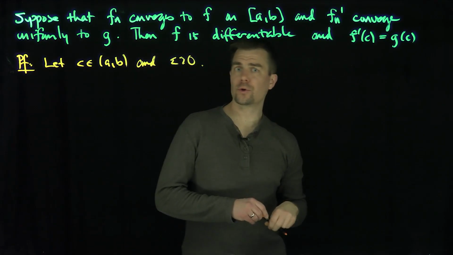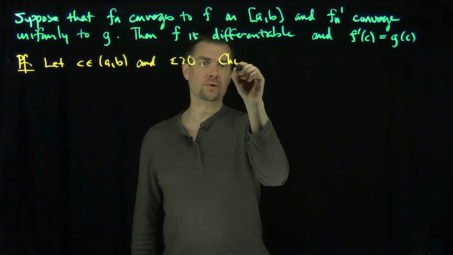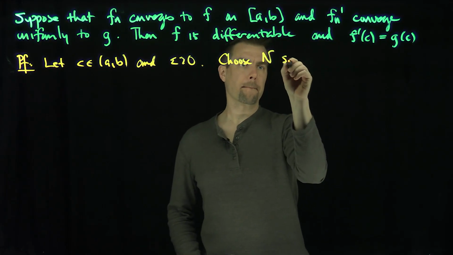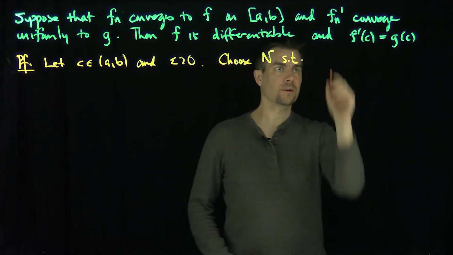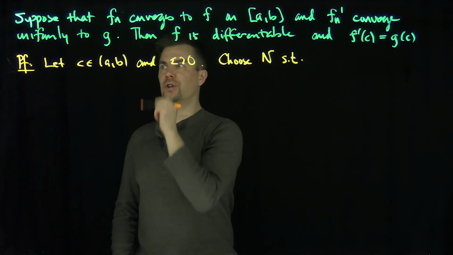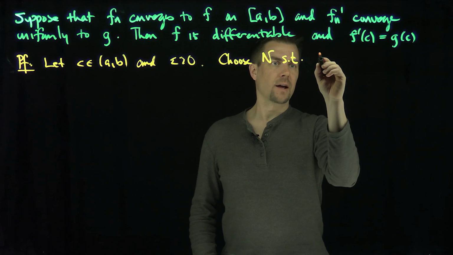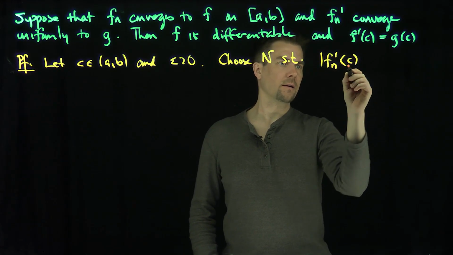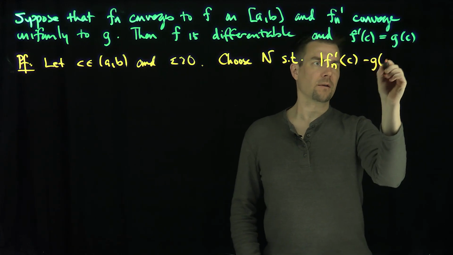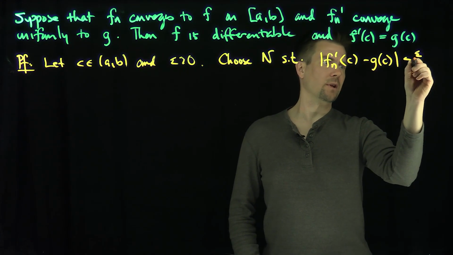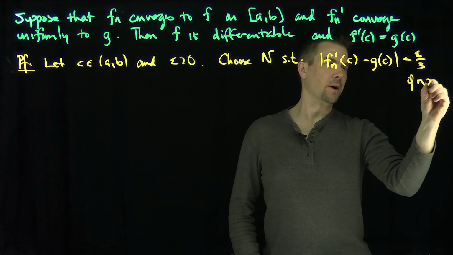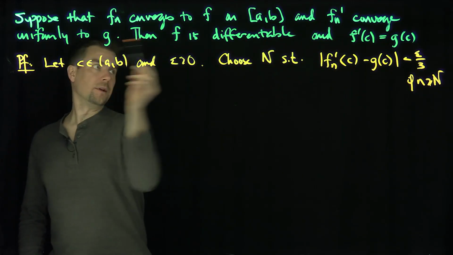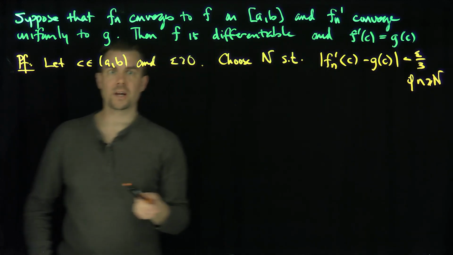I'm going to choose a natural number, so I can first choose n capital such that, since I know these Fn are converging uniformly to g, Fn prime of C minus g of C is less than epsilon over 3 if n is bigger than or equal to n capital. That just stems from the fact that these Fn prime are converging to g.